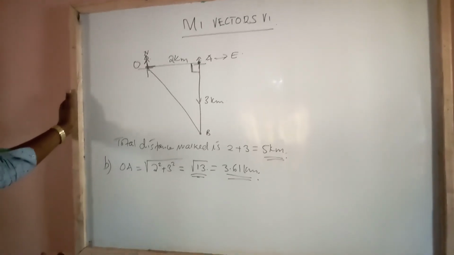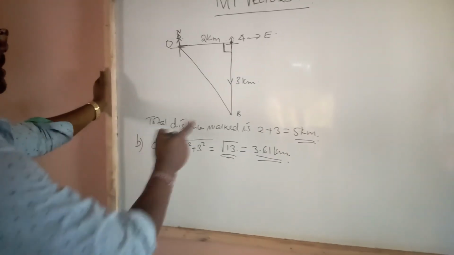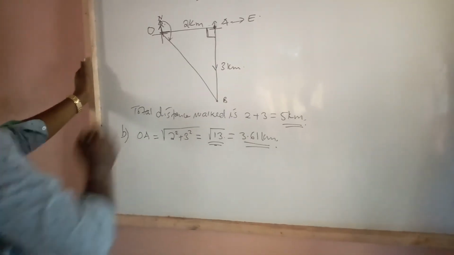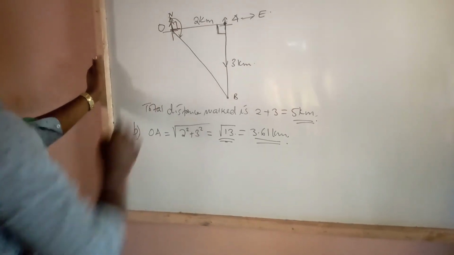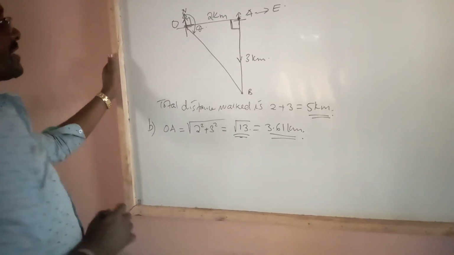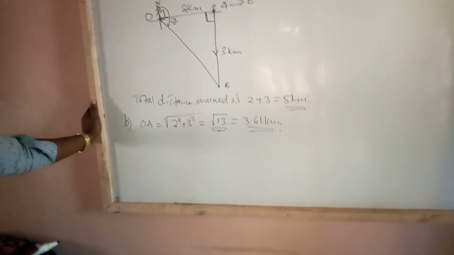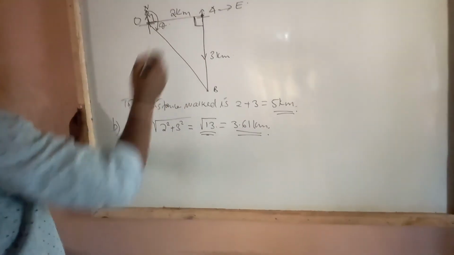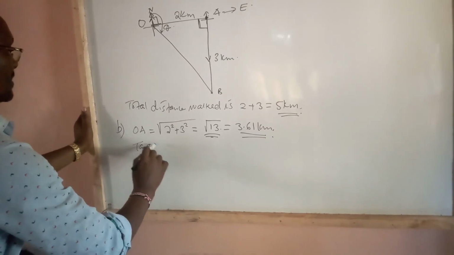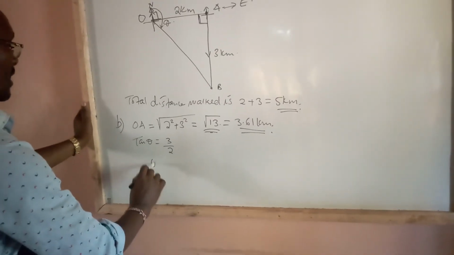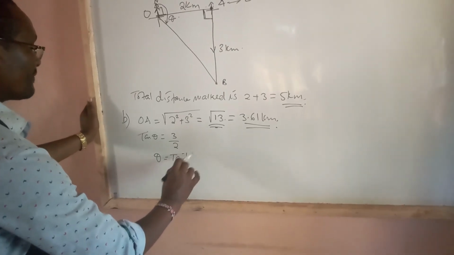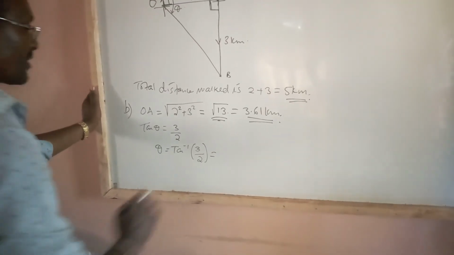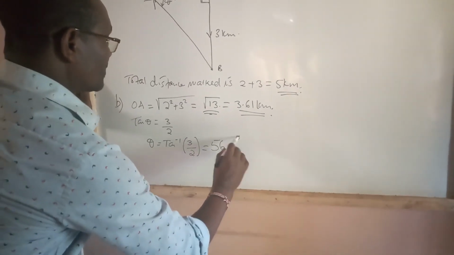But what is now the direction? For the direction of B from O, we must get the bearing. We know that part of the angle is 90 degrees, so we need to get theta so that we can add it to 90 and get the bearing. With this theta, we have opposite and adjacent, so the tangent of theta is 3 over 2, and theta is the tan inverse of 3 over 2, which is basically 56.3 degrees.